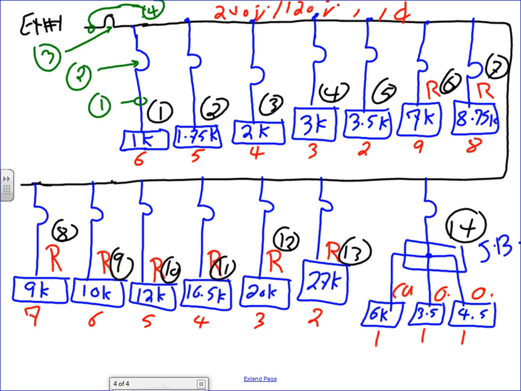Just for the sake of managing the branch circuits. So when I say 1, we're doing number 1 branch circuit. Okay? Cool? As I go through. Everybody's okay with that? Cool?